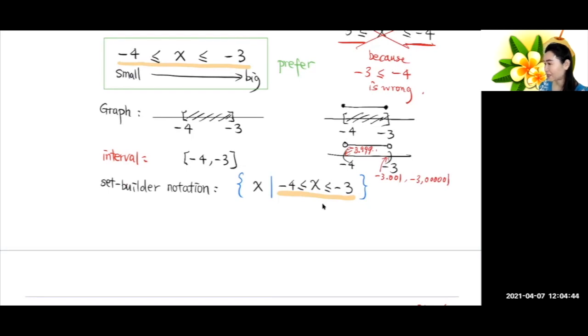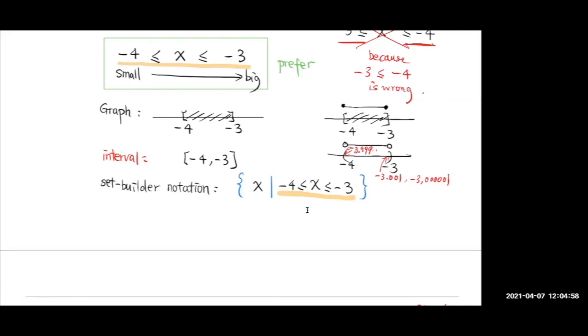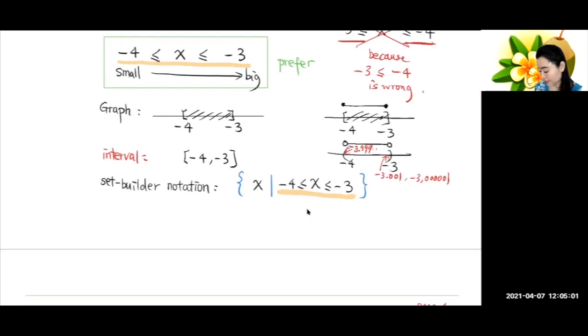You can get very close to it, but just not including -3. So parenthesis means the endpoints are not included. Bracket means the endpoints are included. Okay, got it. Okay, good. Thank you. Right, so let's get back to this one.